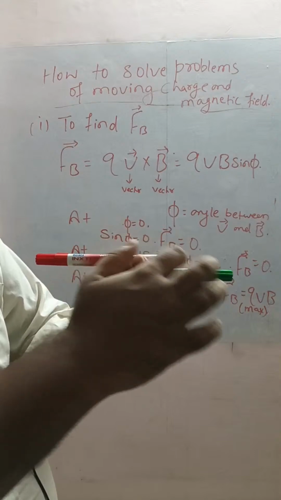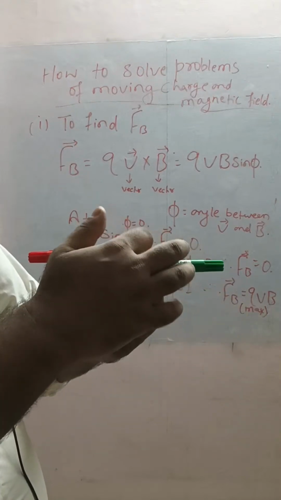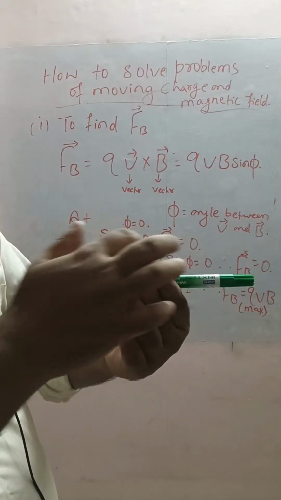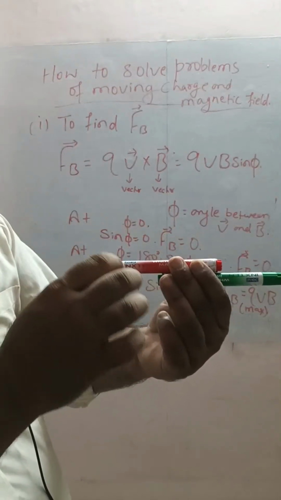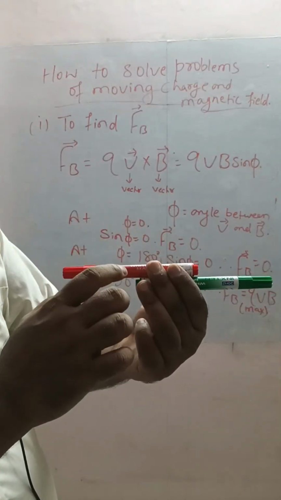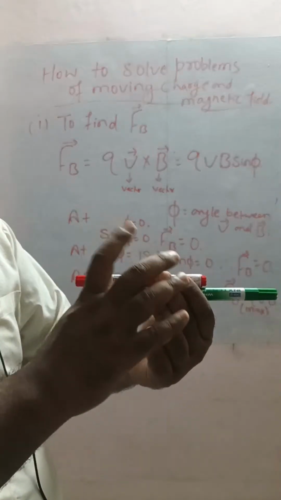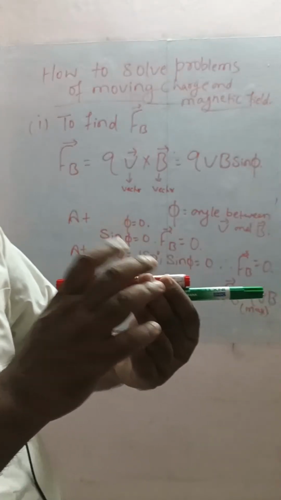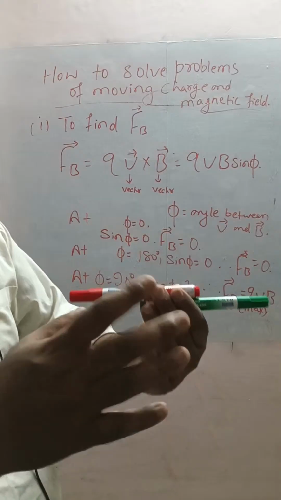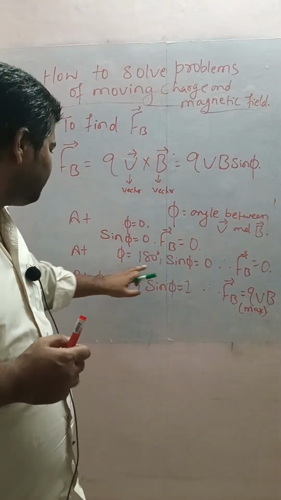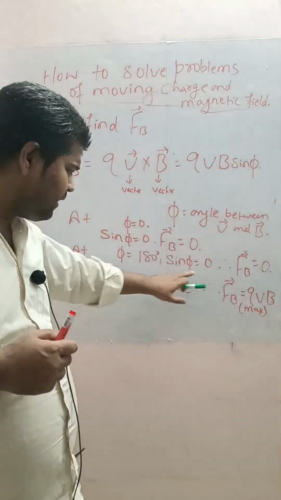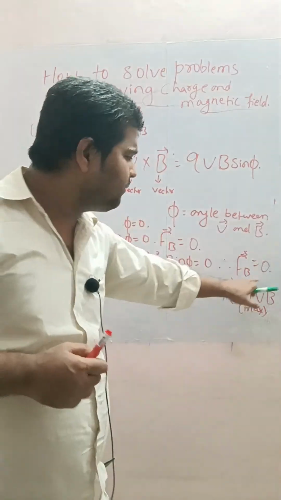This time field is in this direction and the charge is moving in this direction with velocity v. This time magnitude is same, but the angle is 180 degree. Phi is equal to 180 degree and sine phi is equal to 0. Again the charge is feeling no force.